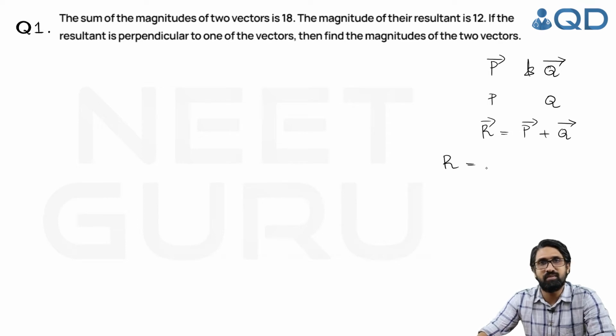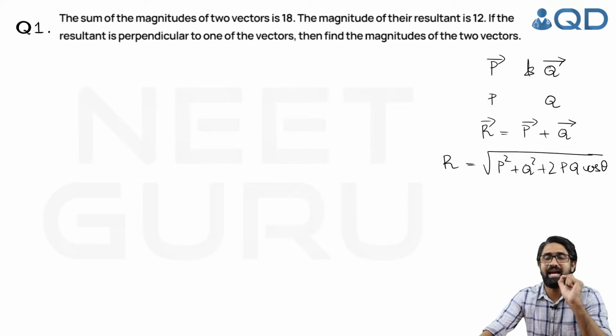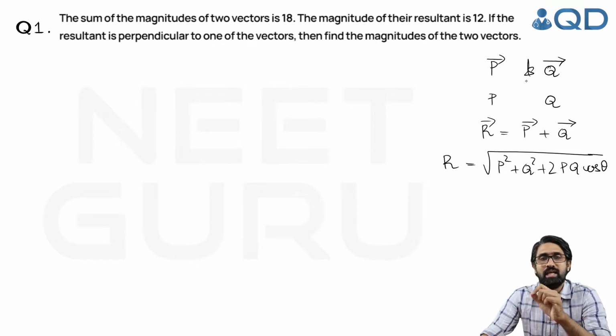You know that r is given by the expression root of p square plus q square plus 2pq cos theta, where theta is the angle between p vector and q vector. So what we are after is the magnitudes of these two vectors, that is p and q. We need to find the value of p and q.